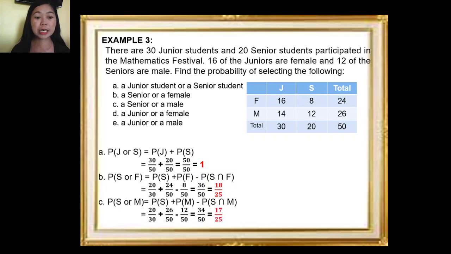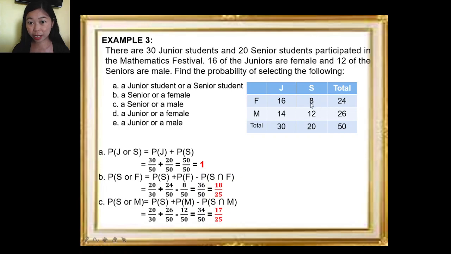For letter C, ayan, probability na senior or male. So, the formula is the probability of senior plus probability of male, minus uli natin, there is an intersection of the event senior and male. Kasi kung titingnan natin, senior, 20, male, 26.